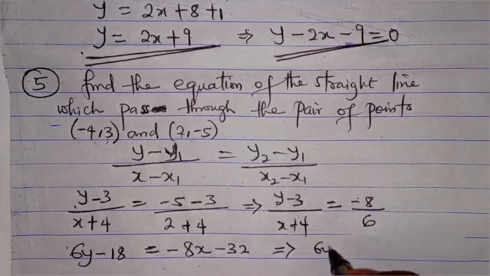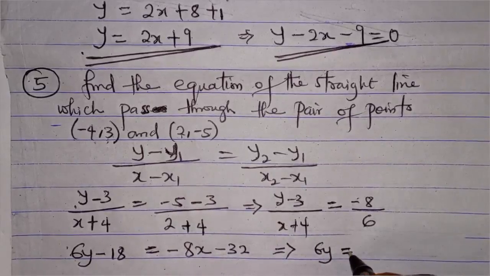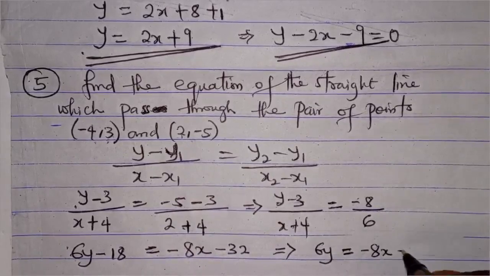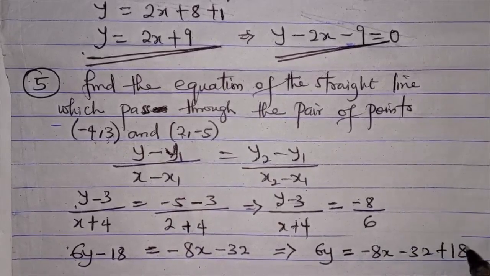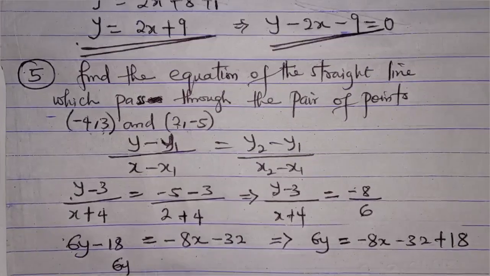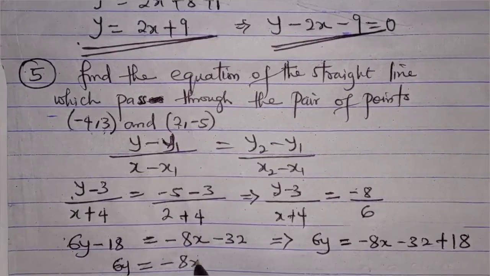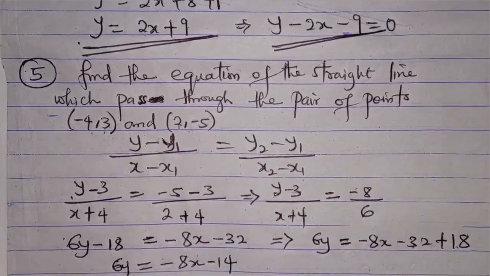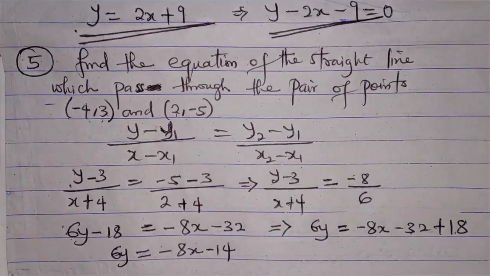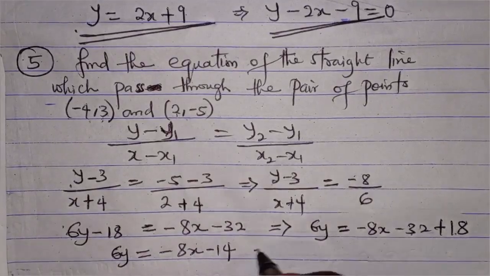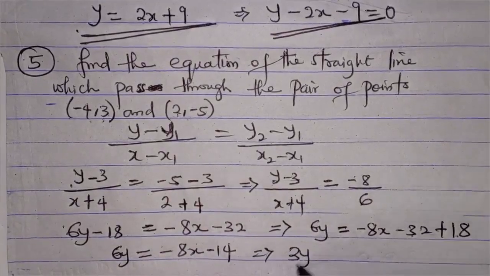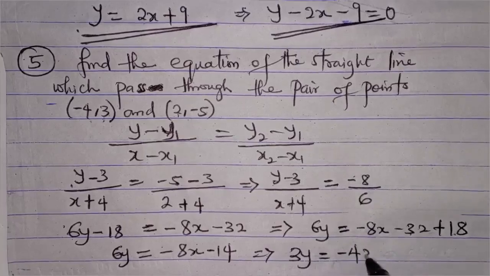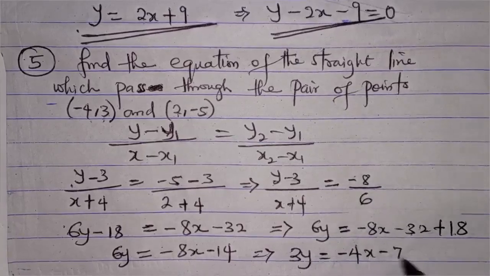So we have 6y is equal to minus 8x minus 32 plus 18, right? 6y is equal to minus 8x minus 32 plus 18 is minus 14. Alright, so we can divide both sides by 2, for example, to obtain 3y equal to minus 4x minus 7.